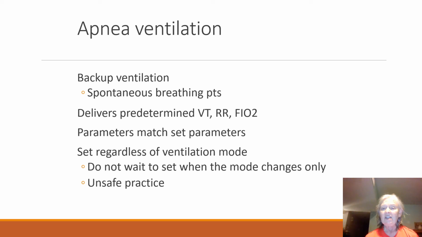But don't set anything less than 10 as your backup respiratory rate. You want to set these when you're setting up your vent and setting your patient up. Now, there are some new vents out there that will not allow you to set the apnea ventilation if you're on assist control, simply because the machine is controlling everything. Once you take them out of assist control, then that apnea ventilation actually opens up. You want to make sure that you, in fact, go ahead and set that.